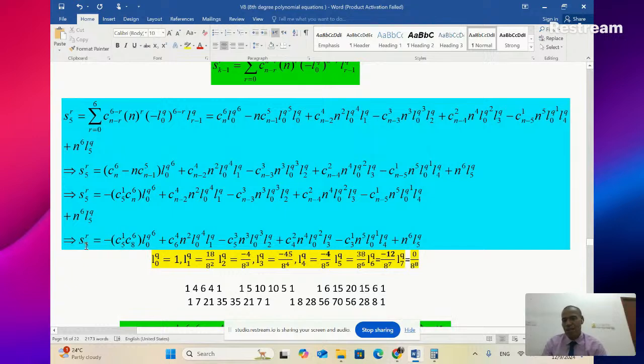Because the subscript 5 is an odd number, so that's why the negative sign appears. Okay, combination 5 choose 1 times combination 8 choose 6 times 0 for the cube raised to the power 6, plus combination 6 choose 4 and n squared times 0 for the cube raised to the power 4 times L1 of 4. You can ask why this one is 6. Simply because 8 minus 2 is 6.